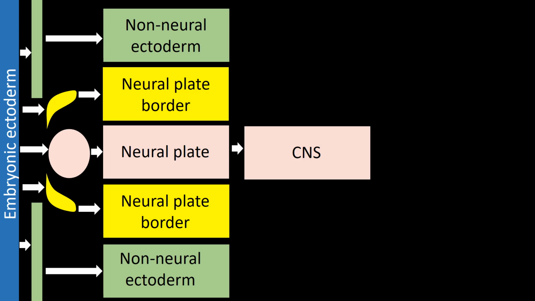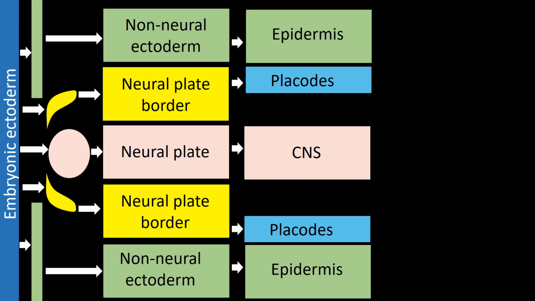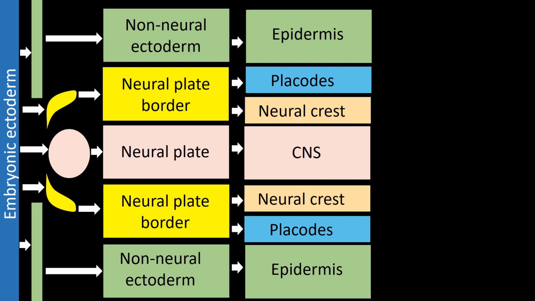The neural plate goes on to form most of the CNS. The non-neural ectoderm forms the epidermis. The border zone produces the placodes and the neural crest.